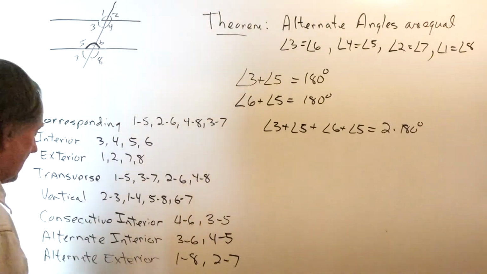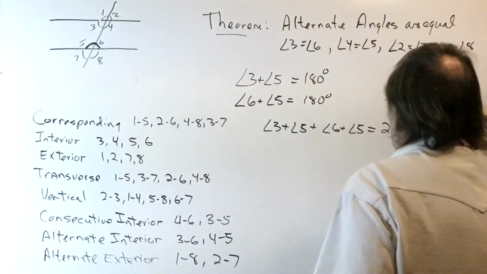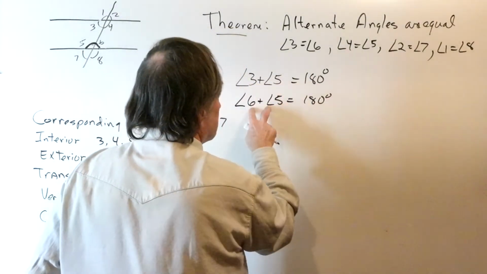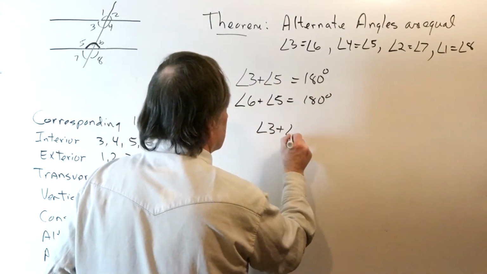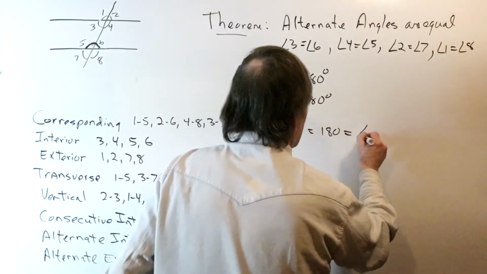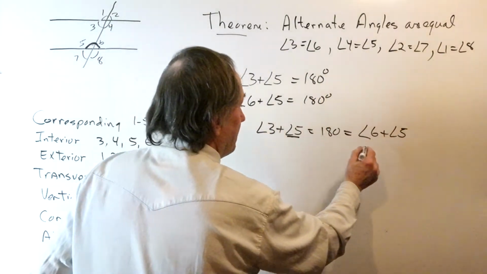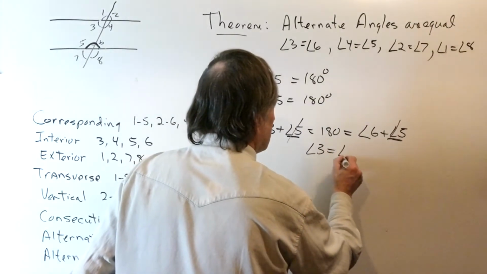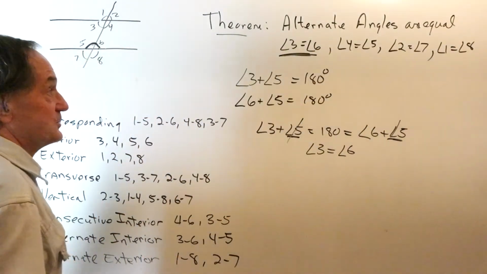Or another way we could write this, since these two sums are equal to 180 degrees, we can equate the two sums. 3 plus 5 is equal to 180, which equals angle 6 plus angle 5. Well, angle 5 appears on both sides. We can cancel it out, so we end up with angle 3 is equal to angle 6. Okay? We just proved that one.